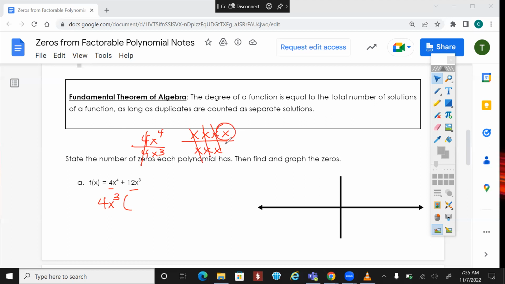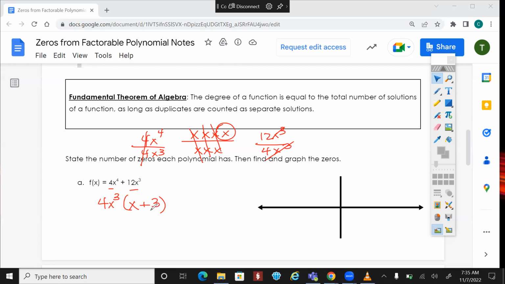What are we left with? 1. Okay, so we got x, and then we have 12x to the third divided by 4x to the third. What's 12 divided by 4? 3. And we have an x to the third and an x to the third. Those just cancel. Okay, so this is it in factored form. I need you guys to be comfortable with getting it to this point.